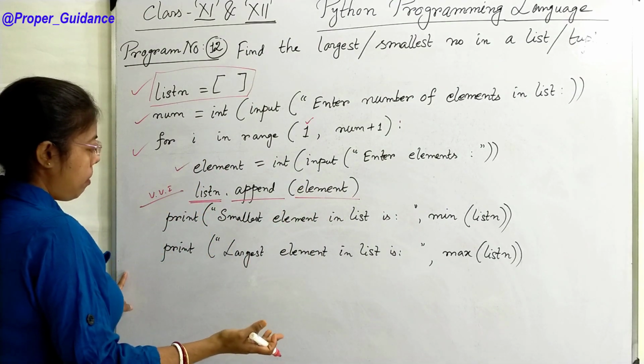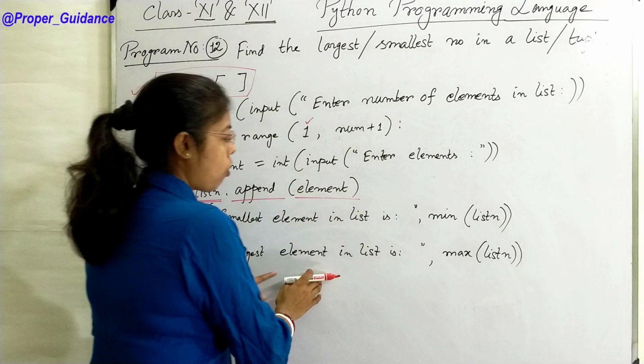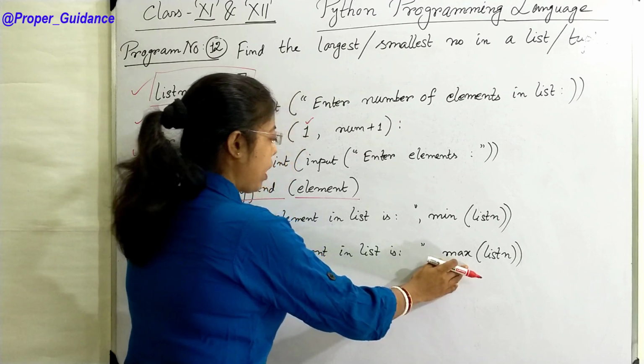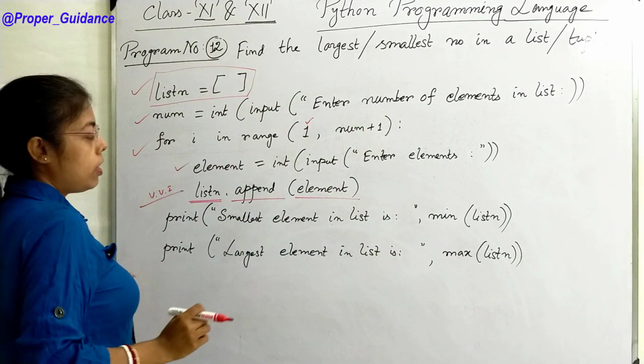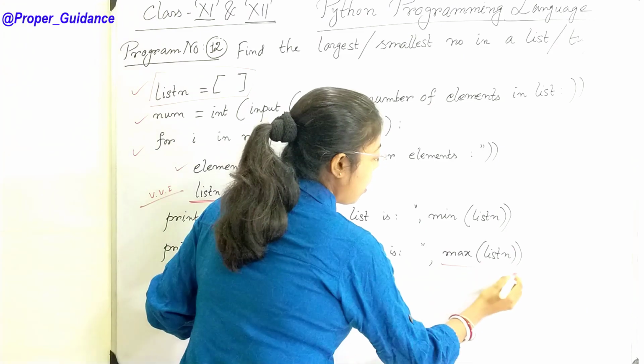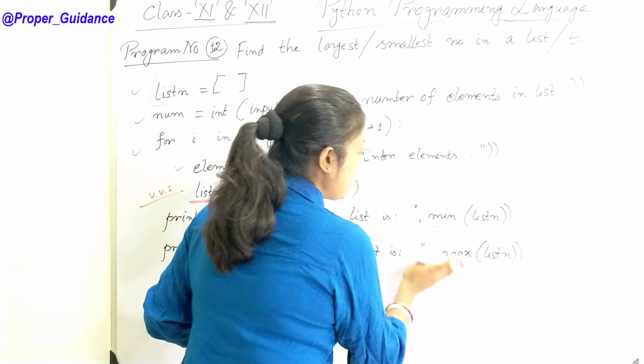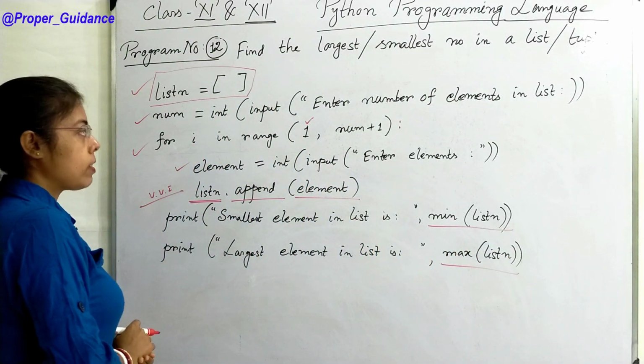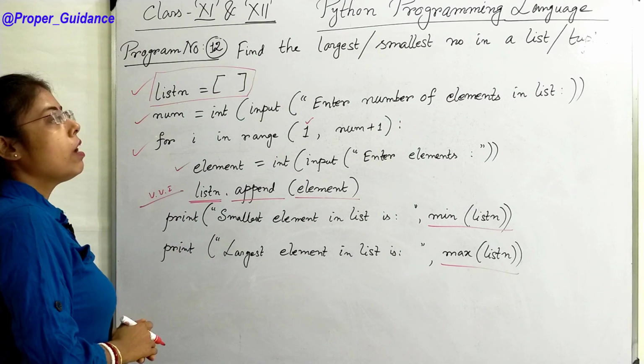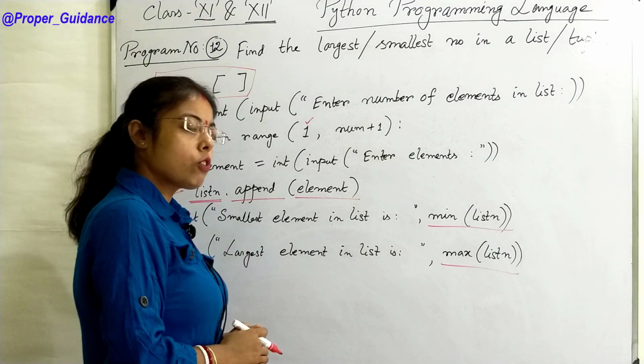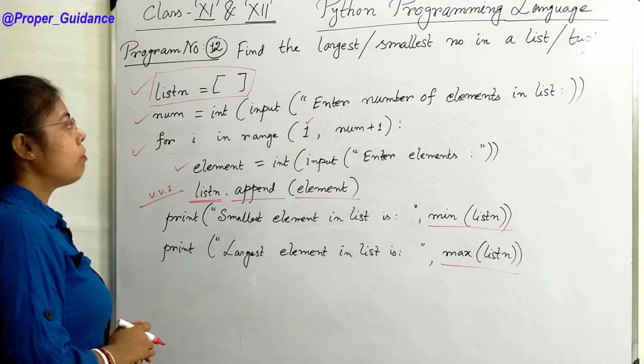And the same thing for the largest element, for the maximum value of the list, and that is the max method. The max method and min method we have already discussed in the previous program. Those who are new to my class, please go through those programs, it will be helpful for you.